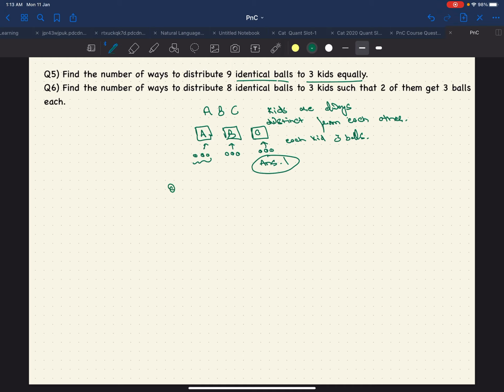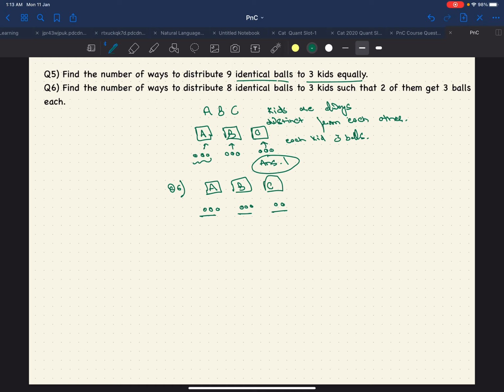Now, looking at question 6, find the number of ways to distribute 8 identical balls to 3 kids. So once again, we have 3 kids here. Now 8 identical balls to 3 kids such that 2 of them get 3 balls each. So 2 of them are getting 3 balls and 1 of them will automatically get the remaining 2 identical balls.